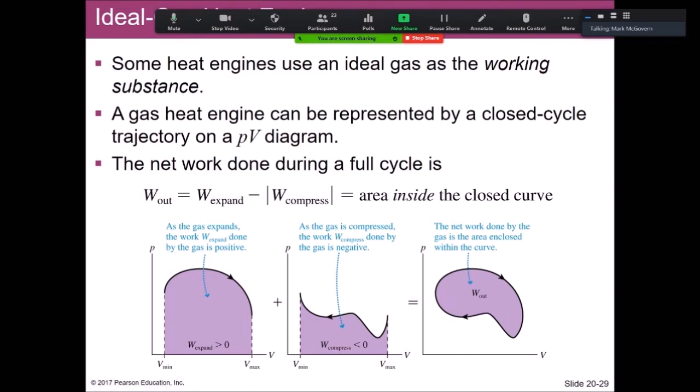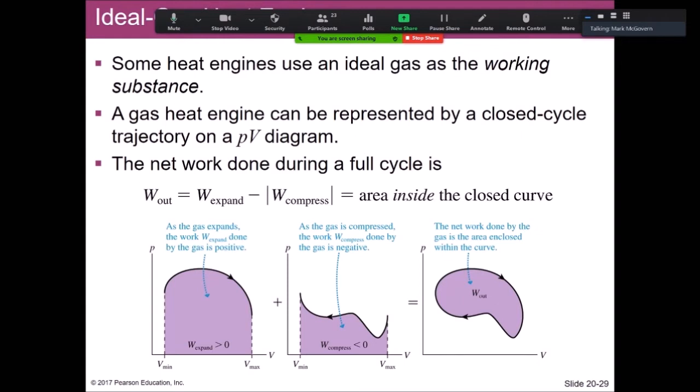Not my style. But anyway, my point was we have usually a working substance of some kind. It can be a solid. It can be a liquid. It can be a gas. Well, we are going to primarily focus on gas, though. Why? Because we've already worked out so many details about gases, and gases are so much easier to work with that we can really tackle the fundamentals before we start to deal with more complicated things.